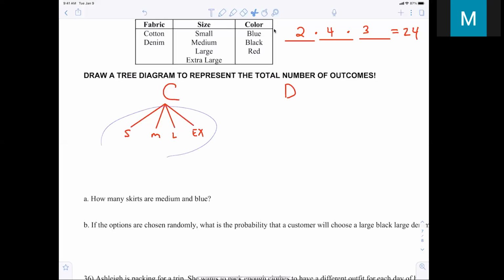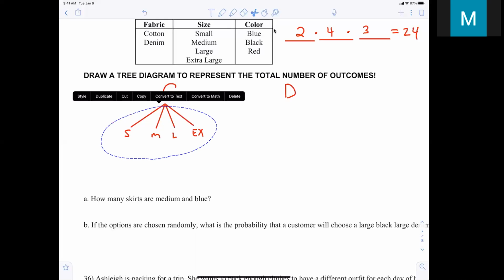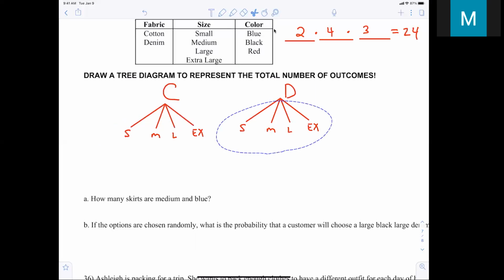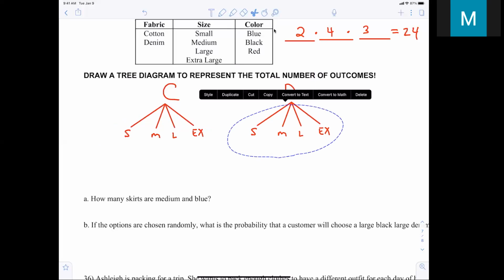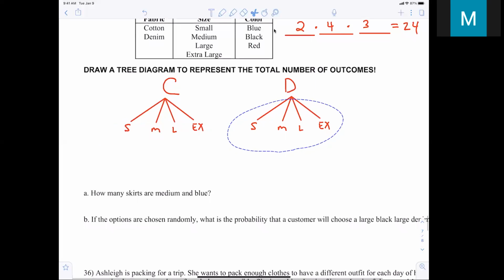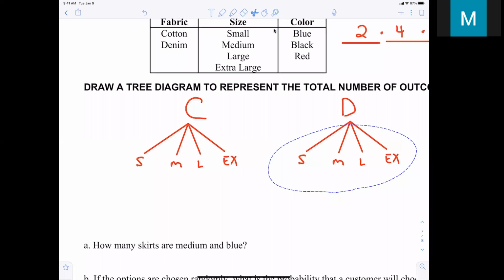So now, you just take that, copy it, paste it. And then we have to do blue, black, and red. Except I don't like the black. That's bad colors. All right.